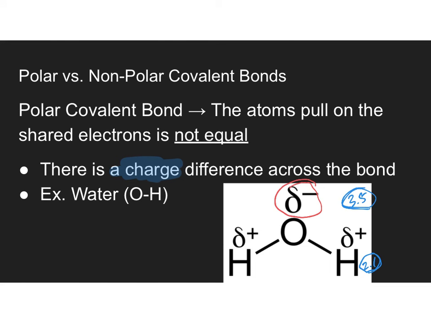That means partially negative. Because all the electrons are over on the oxygen side, you can almost imagine these negative electrons making that side of the atom a negative side. And then the hydrogen side is going to be partially positive. So overall, we have a positive side and a negative side. So it almost acts like a magnet.